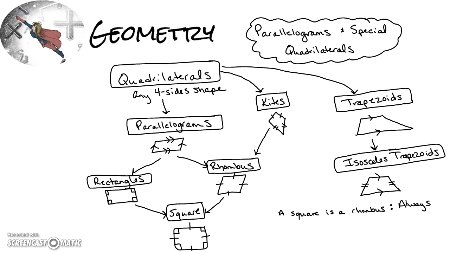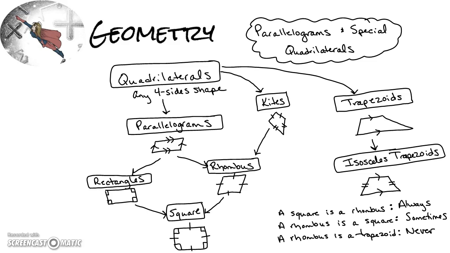If they ask, a rhombus is a square, we can say sometimes. And then if they try to do this, a rhombus is a trapezoid, we would say never.